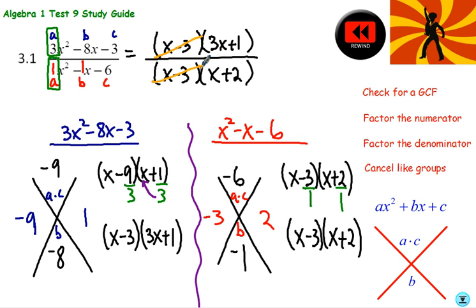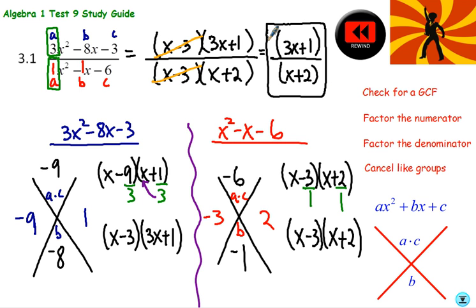However, 3x plus 1 is not the same thing as x plus 2, so then I would just leave it as it is. So the final answer there would be 3x plus 1 over x plus 2. Right? And that would be as far as we could reduce that problem.